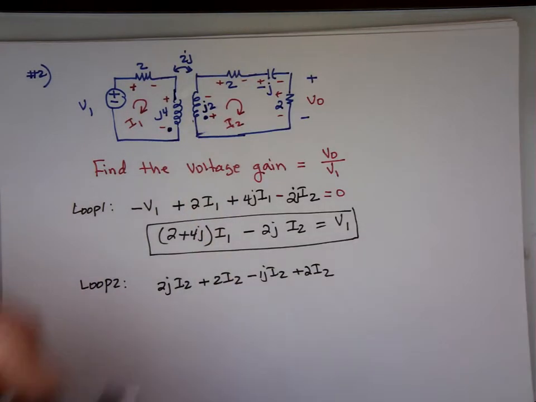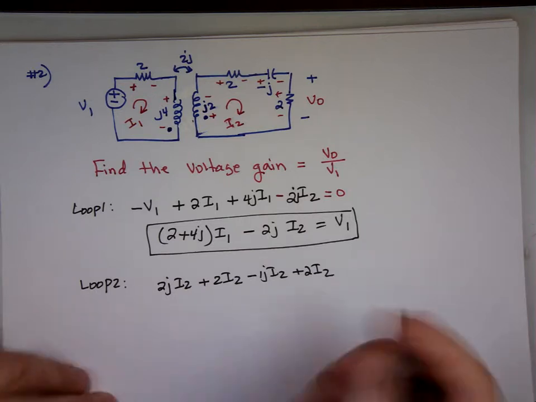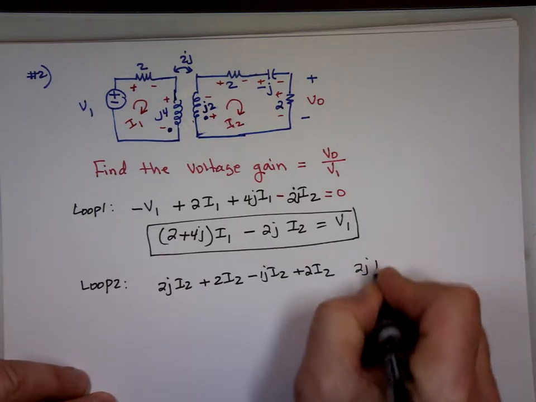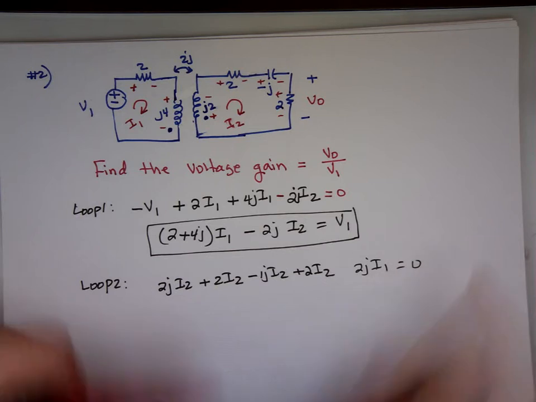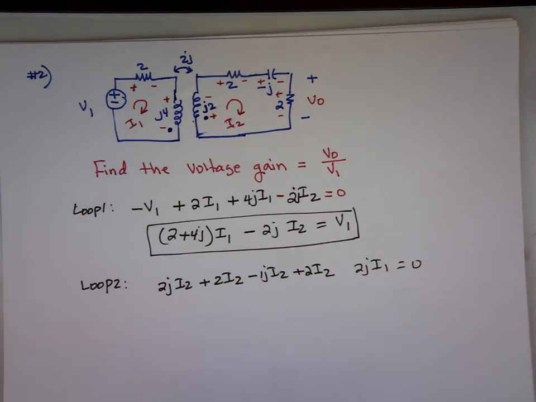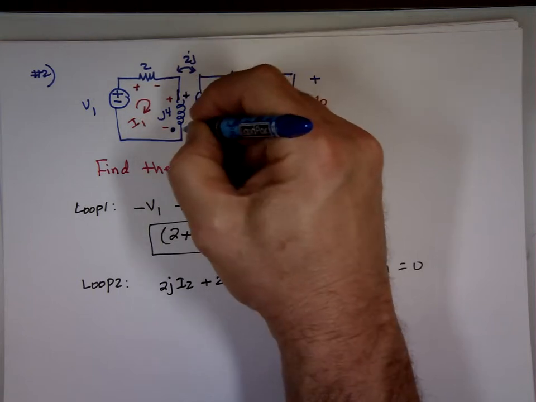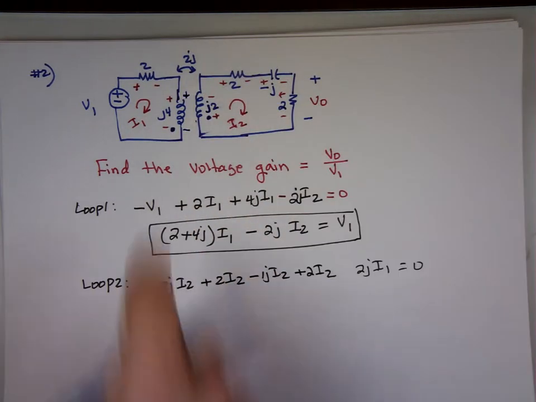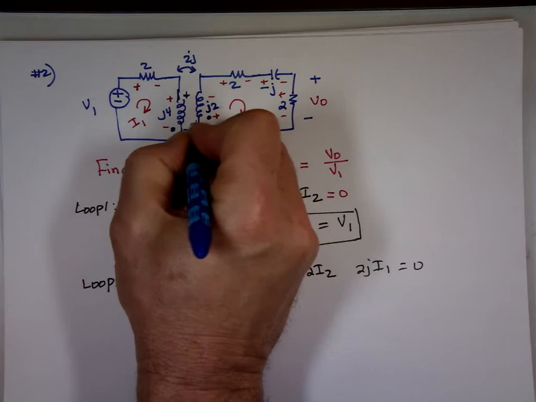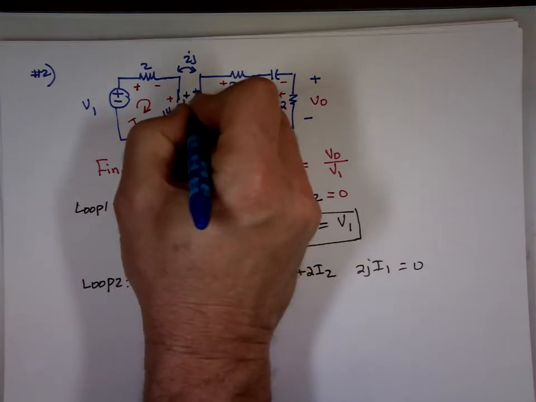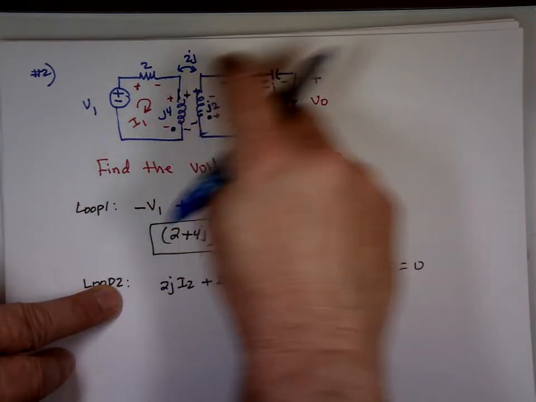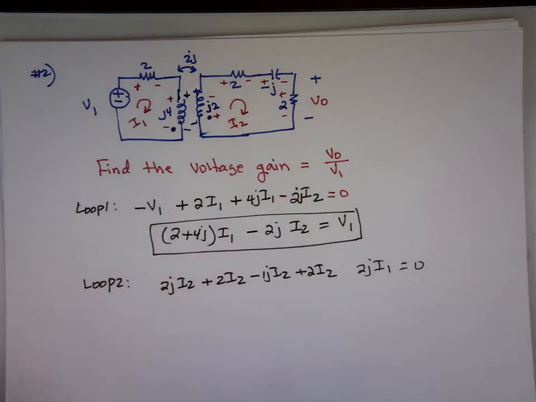That means through this inductor, this is going to be 2j I sub 1 here. And the question, is it positive or negative? Let's see. The current is going to come down, it's going to mark this positive, negative. Which means the dot is going to be negative, so this is going to be negative, this is going to be positive. Look at the direction. I was going plus to minus, but this is minus to plus, so that's going to be a minus 2.